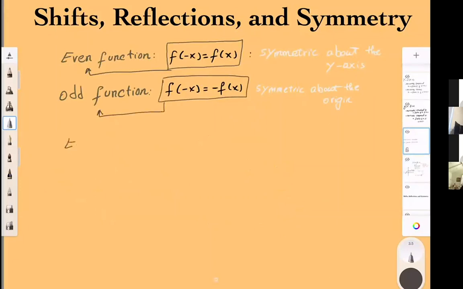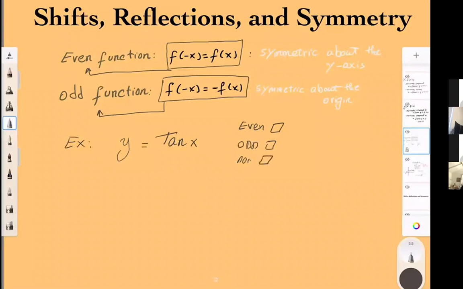For example, let's start chapter 7. y equals tangent of x. Is this even, odd, or neither?